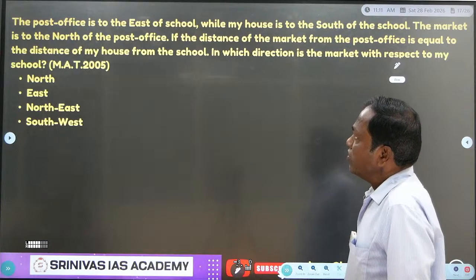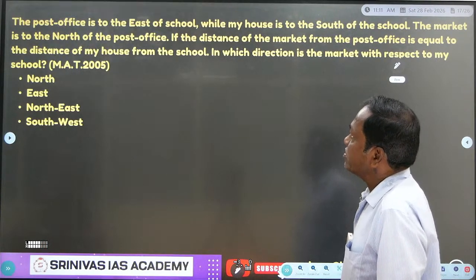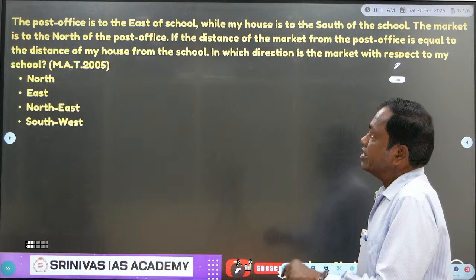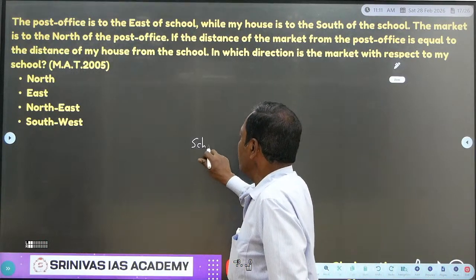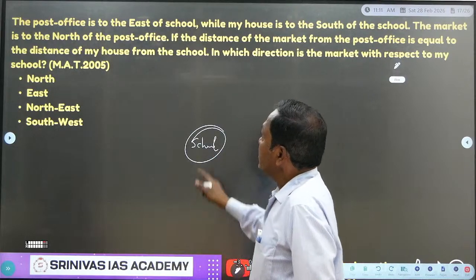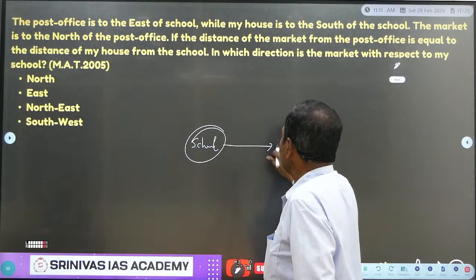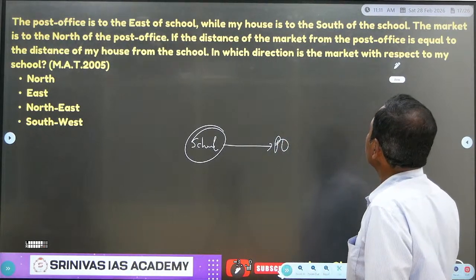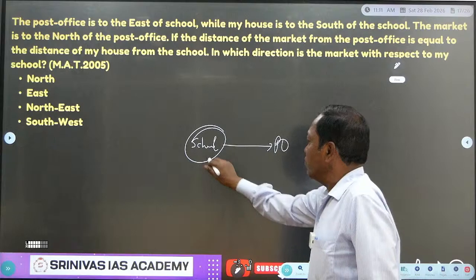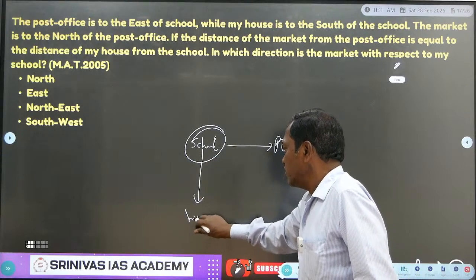Now, the post office is to the east of school. First you have to write school. East of school, this is the post office. While my house is to the south of the school. South of the school, house.